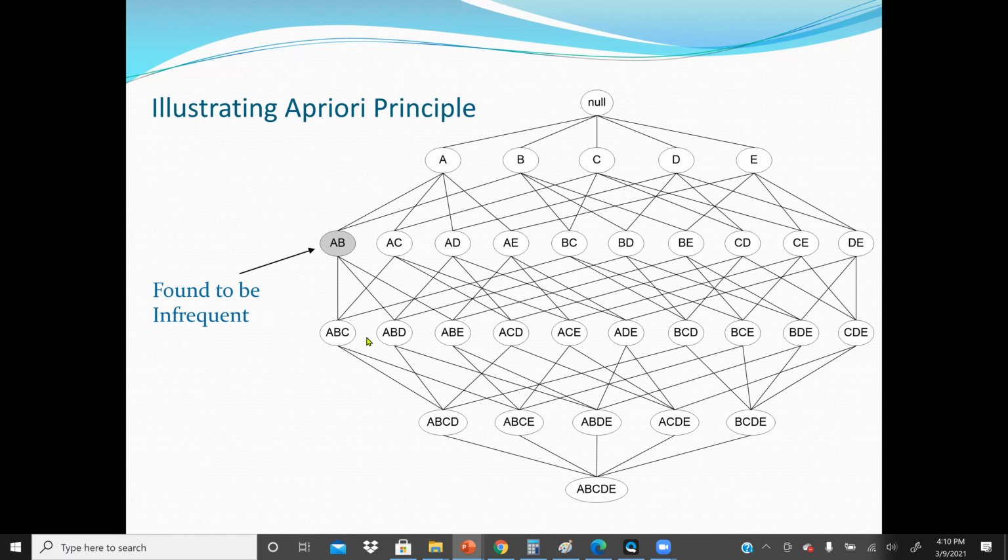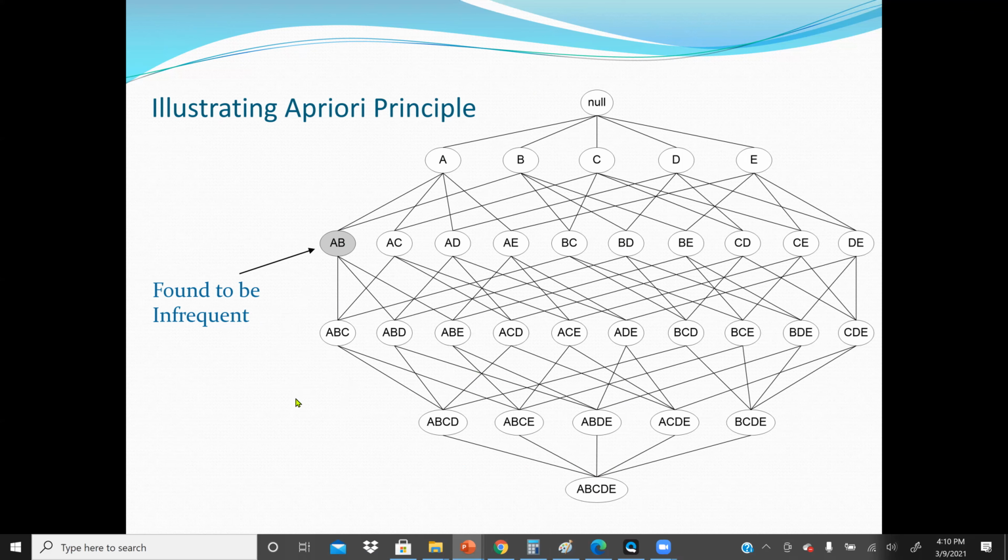Then the 3-item sets, and the 5-item set means only 1 set because we have 5 items. Now, if we are doing Apriori, the first thing we need to look for is the infrequent item set that is not frequent, then we prune it out.